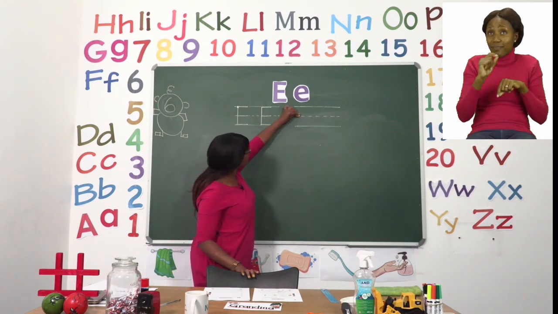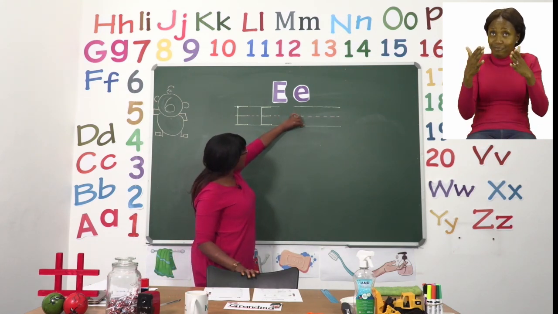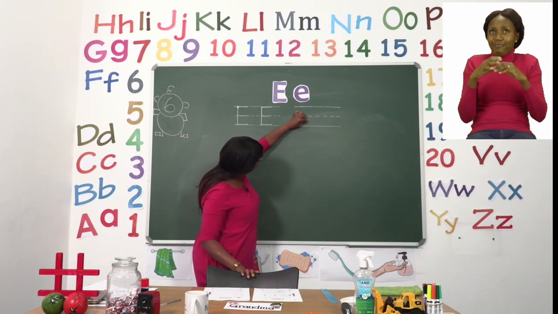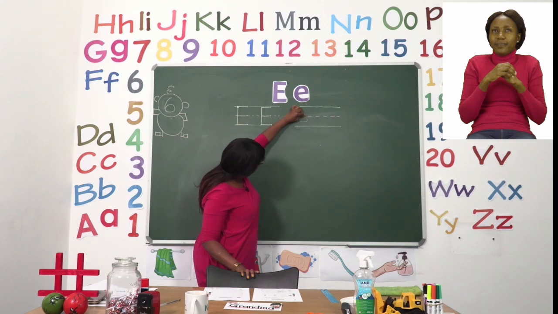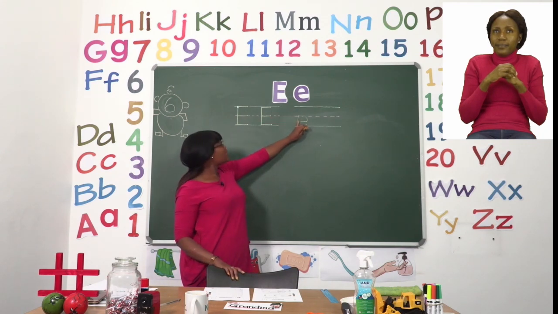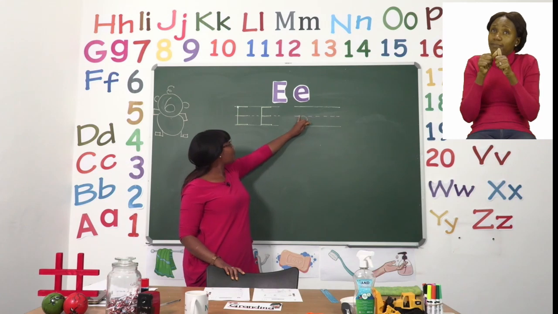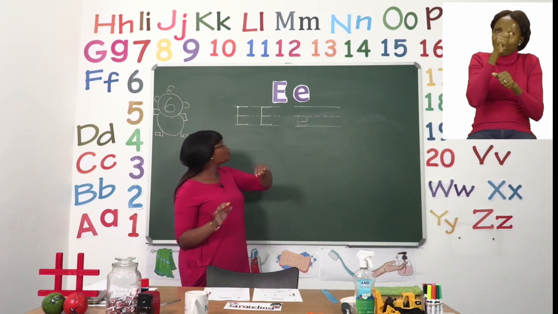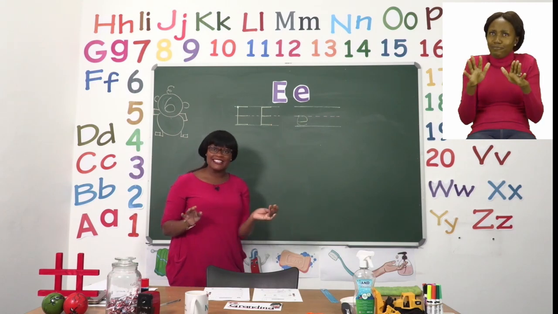Remember, we start in between the dotted line and the bottom line. So we're going to go across and round, making sure we touch the bottom line. Very good, boys and girls. Remember, where you start, you have to come back through that same place and make sure that you curve your A neatly.